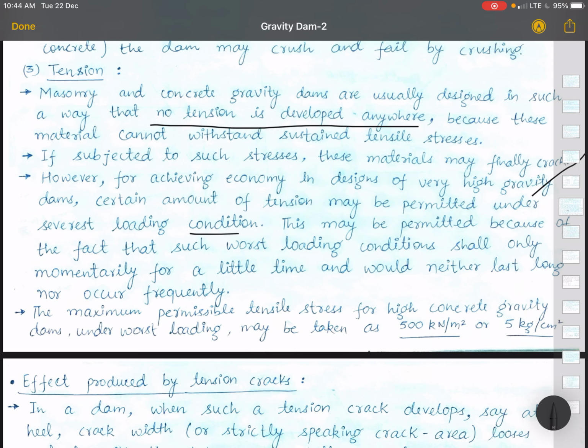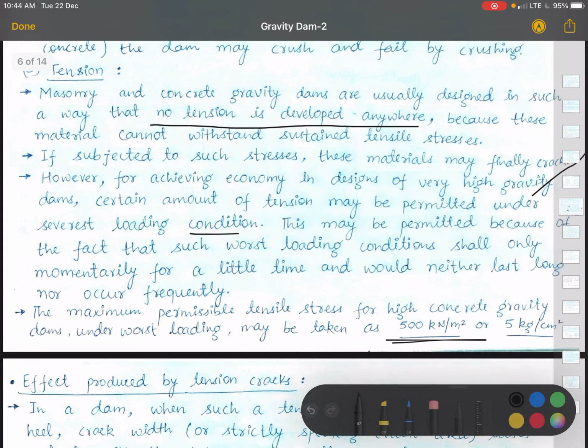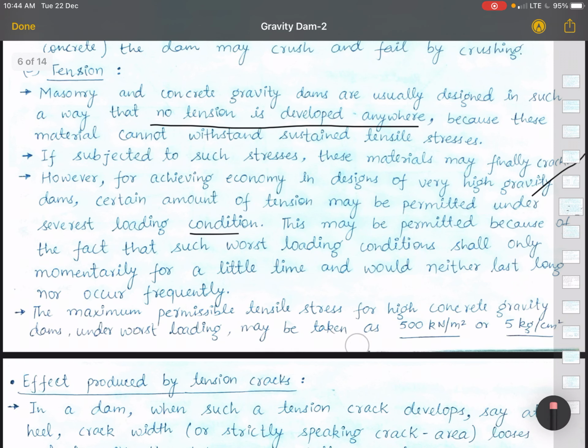This may be permitted because such worst loading conditions shall occur only momentarily, for a little time, and would neither last long nor occur frequently. The maximum permissible tensile stress of a high concrete gravity dam under worst loading condition may be taken as 500 kPa or 5 kg per centimeter square. If the permissible value is not given, then you can take this value.